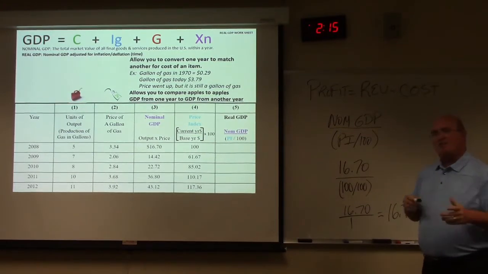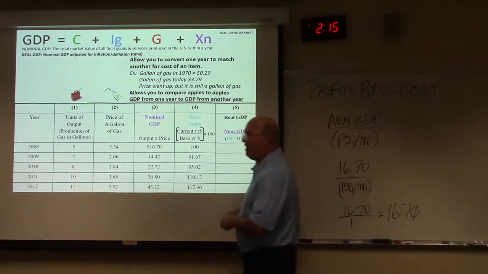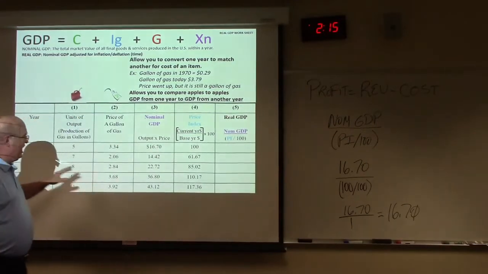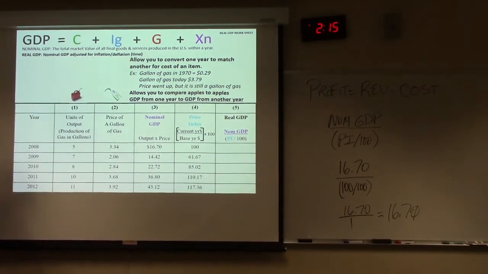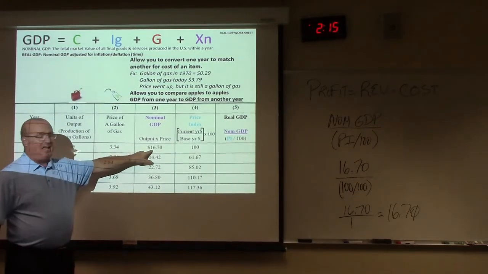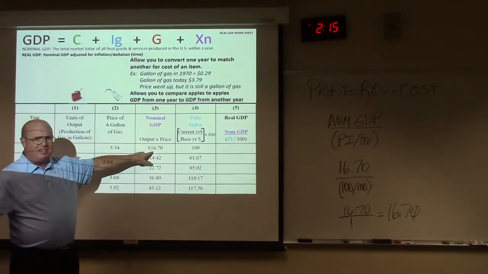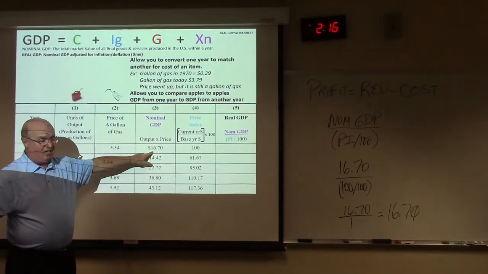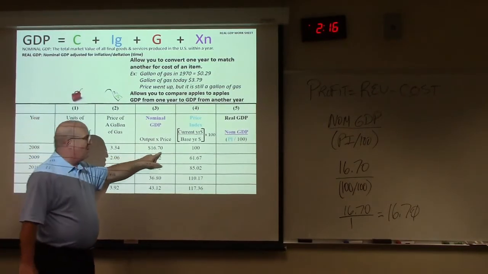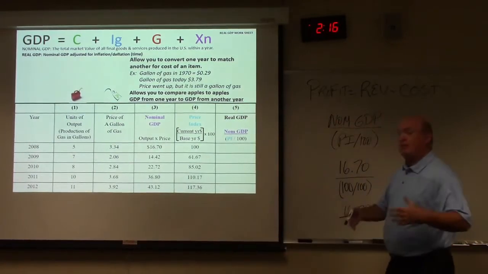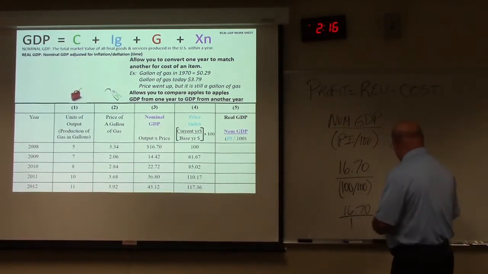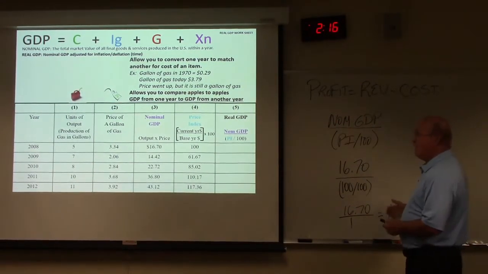Now, let's think about this for a minute. We're comparing 2008 to all of these other years. If we're comparing it, and this is 2008, is 2008 going to change? It shouldn't. So that's why a price index of 100 also gives you an idea of what the base year is. So here's our base year.